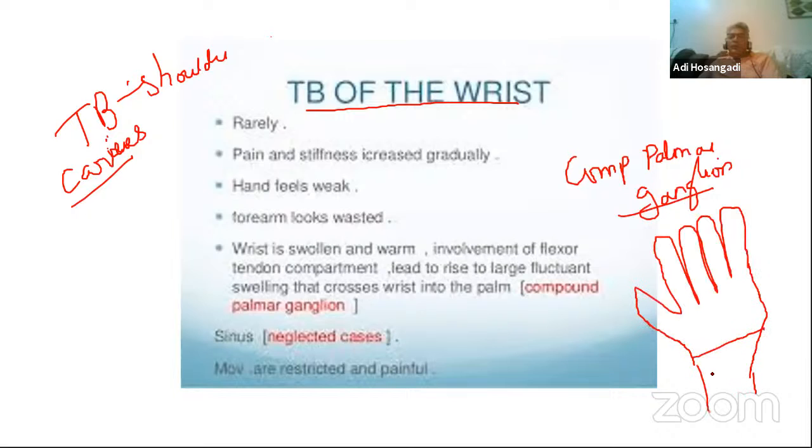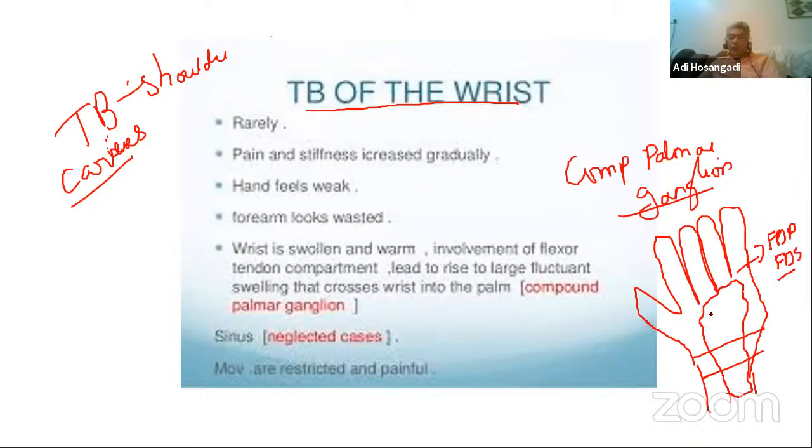there is a carpal tunnel here. There is a flexor tendon sheath covering all the flexors. It covers both flexor digitorum superficialis and flexor digitorum profundus.